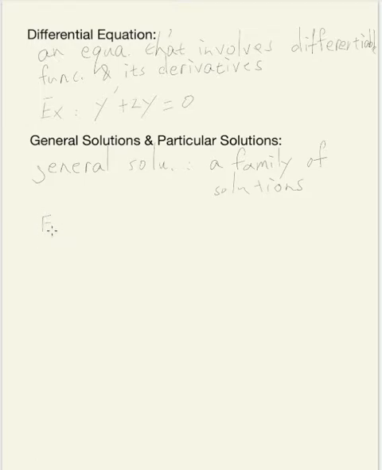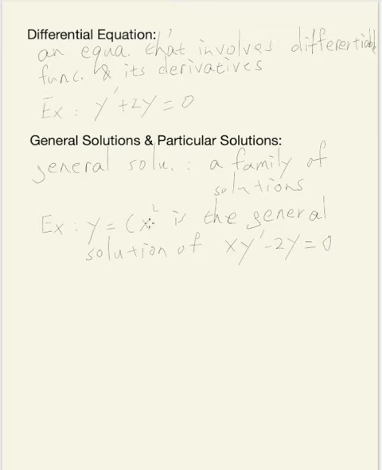For example, y equals c times x squared is the general solution of xy prime minus 2y equals 0.